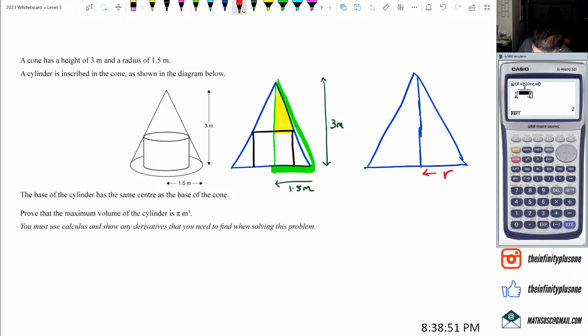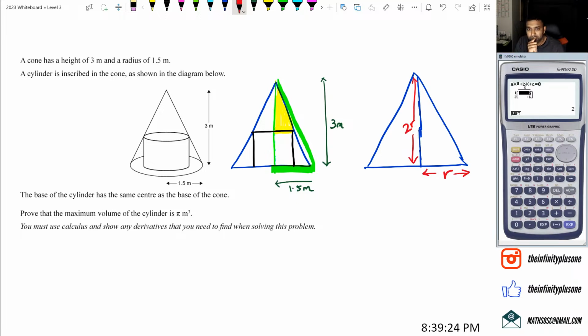From here to here I can write it as r, because that's the radius of the cylinder. If that's r, this is actually going to be 2r. I'm going to pause there because I want to check that you understand what I've done. Because of the 1.5 and 3, I'm saying if the base of that cone is r, then the height of the cone will become 2r because of the similar triangles. Let me know if you're okay with that concept first.